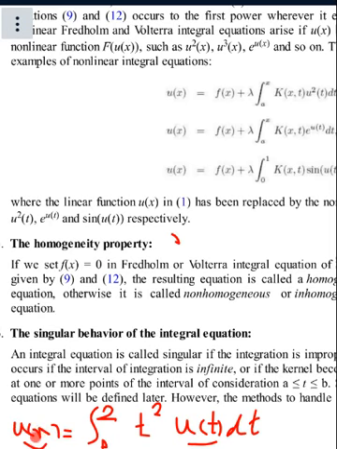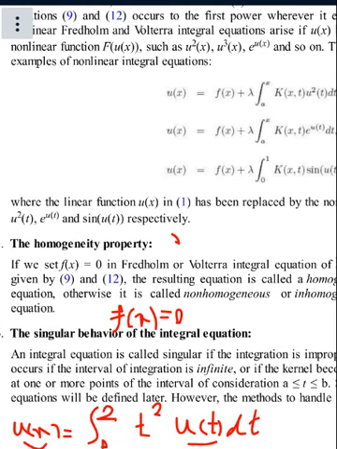Since f of x equals 0, we have a homogeneous integral equation. So totally we can say that this is a homogeneous Fredholm integral equation of the second kind. This is the classification of this equation.